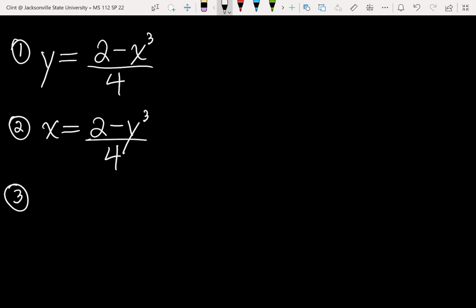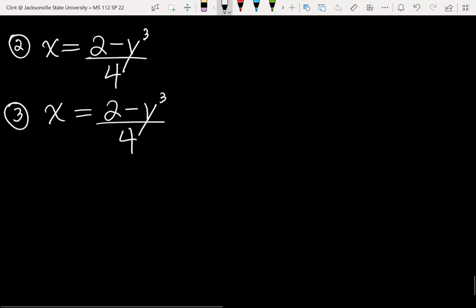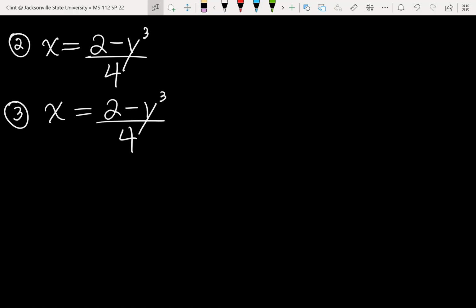Now we need to solve that for y. So how do we get started on that? Yeah, multiply both sides by 4, because if we multiply by 4 over here, it will cancel and we'll get 4 over there.